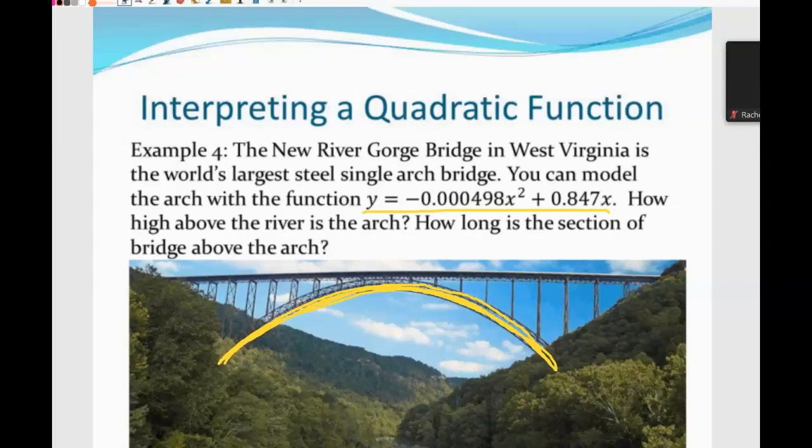So we want to know two things: how long is the arched section of the bridge, and how high is that arch. Now again, you're not finding the height to the water because the bridge arch wouldn't go all the way down there. So we're finding a few pieces of information.